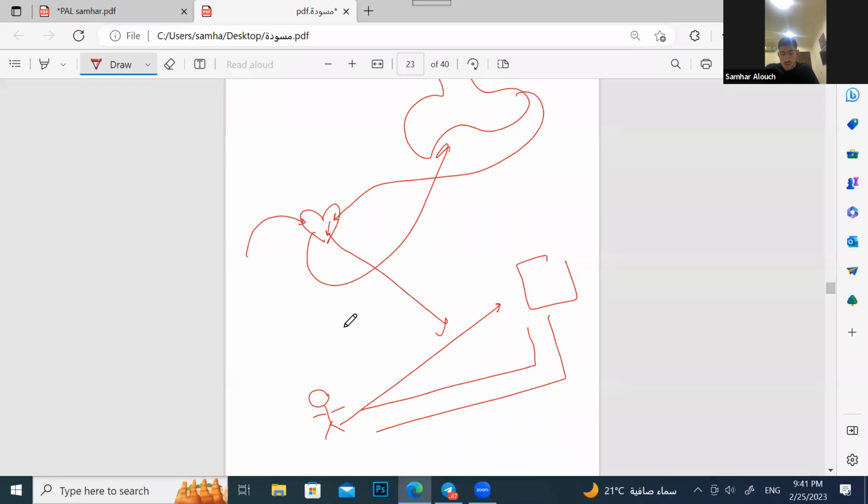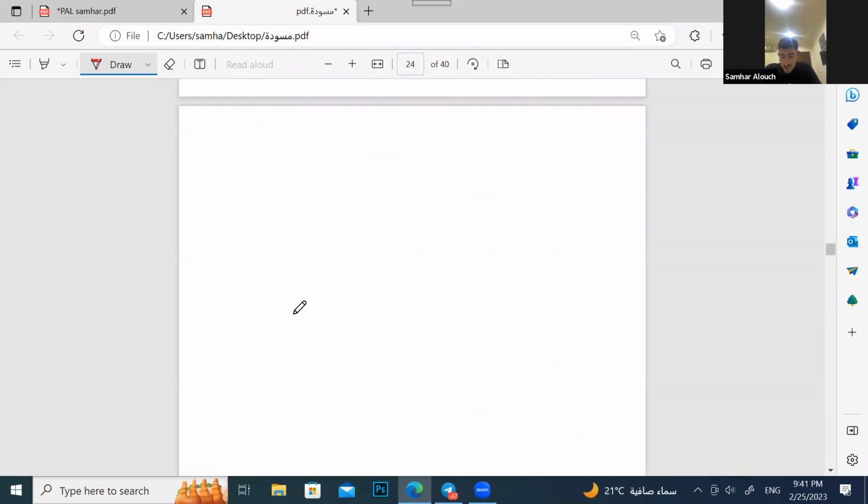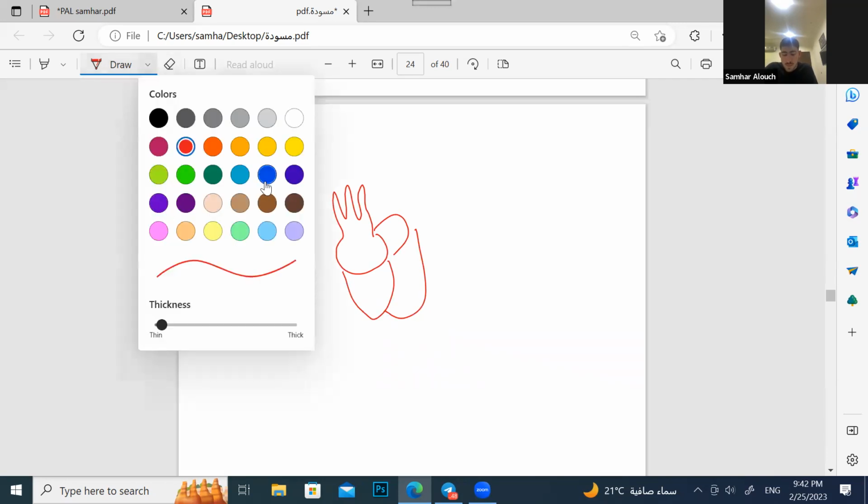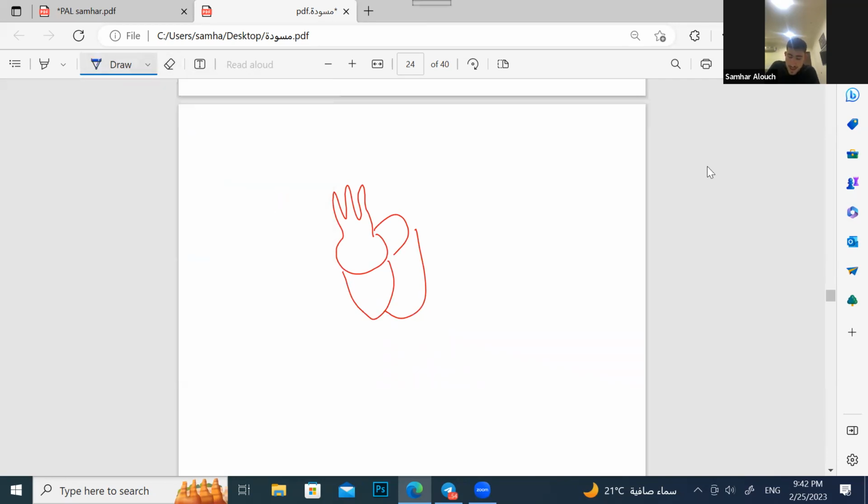I will start with the coronary circulation shunt. Now let's say this is the heart. You took with Dr. Akif that there is something called the coronary venous sinus. The coronary venous sinus receives all the coronary venous blood.